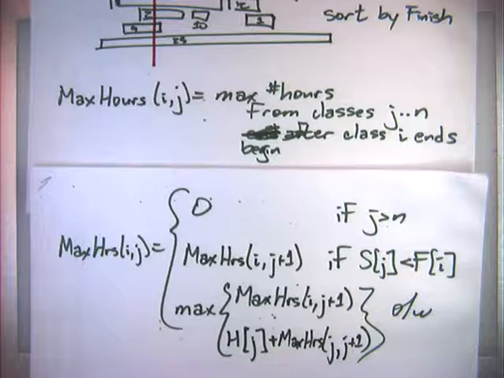Okay? So I have this two-parameter recurrence, where the first parameter tells me this is the time that the last class gets out, so that I've registered for so far, and the other parameter says this is the first class that I haven't thought about yet, haven't made a decision about.